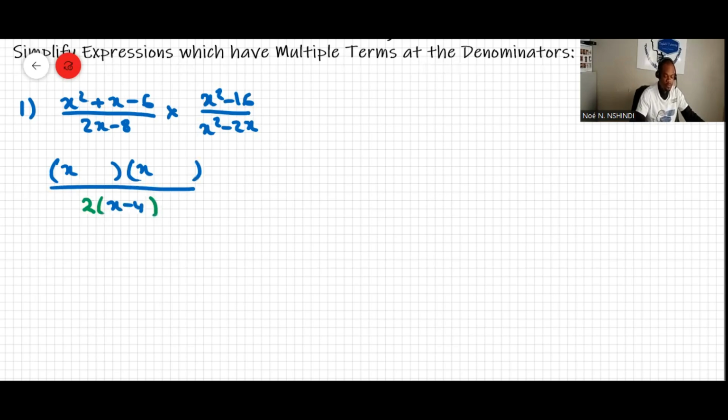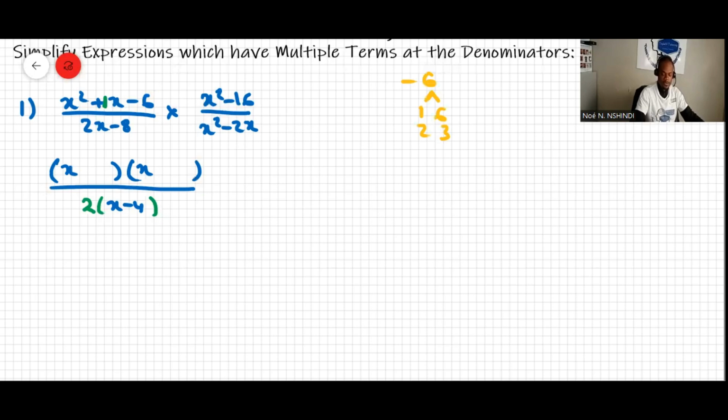Now for the numerator, we have -6 there. So I'll write -6, and then list all the factors of 6. They are 1 and 6, 2 and 3. Now, I look at which pair will give me 1, the coefficient of the middle term, okay?